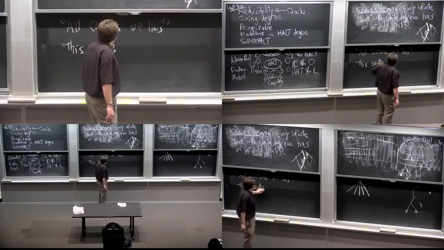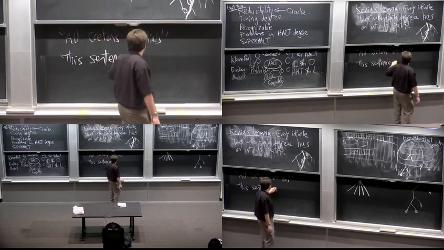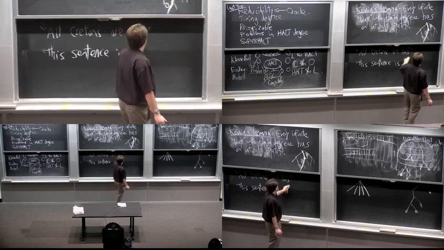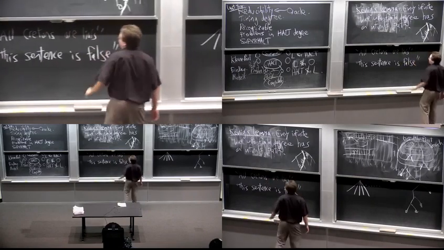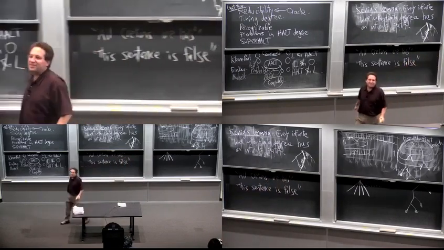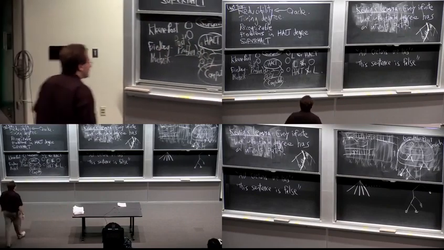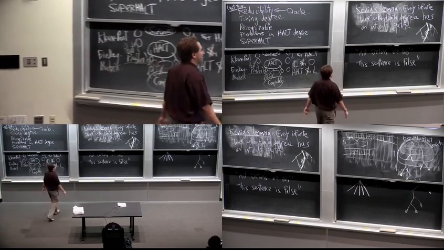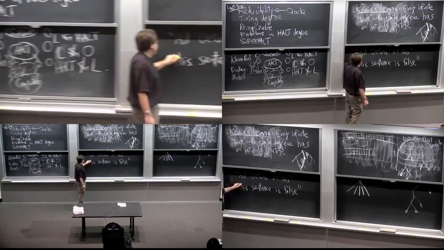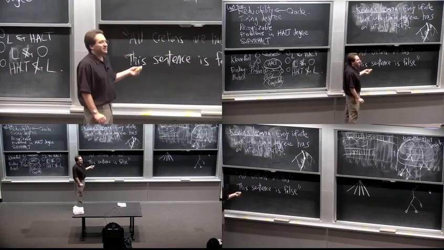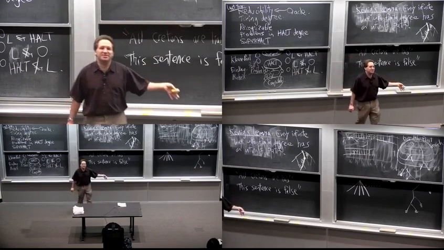Okay, so a pure form of the problem comes in the famous sentence, "This sentence is false," right? If this sentence is false, then that means it's false that it's false, right? But that means that it's true, okay?